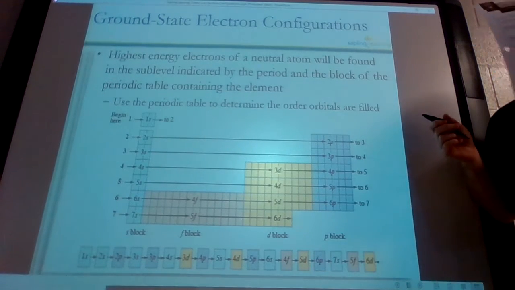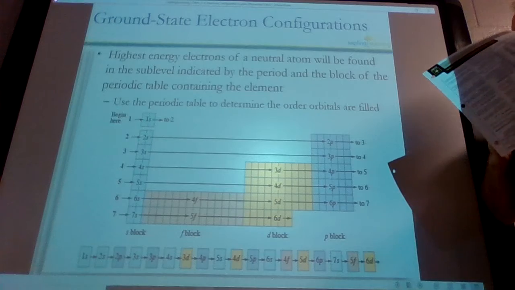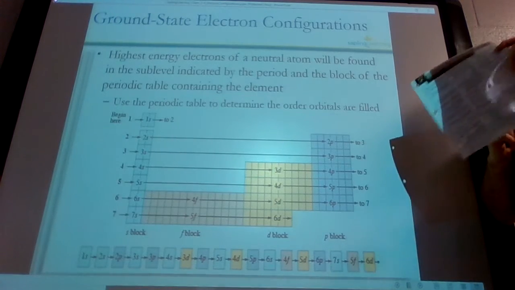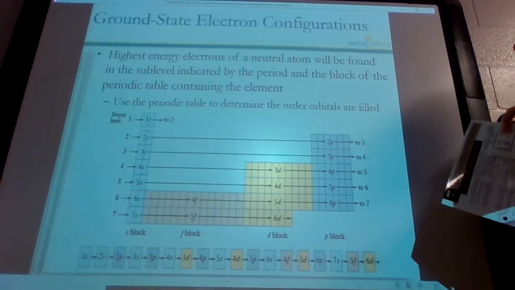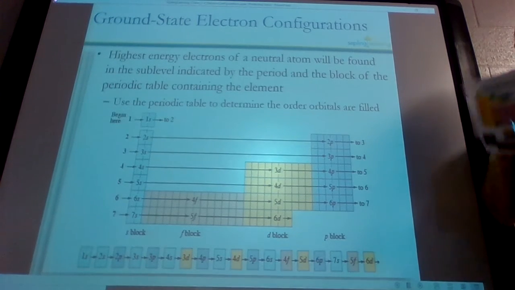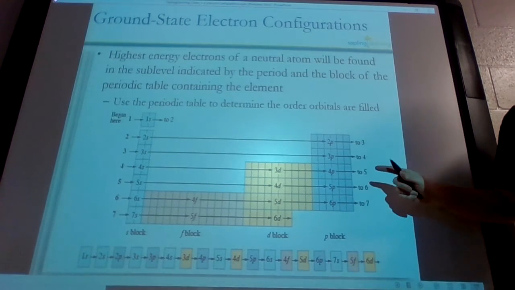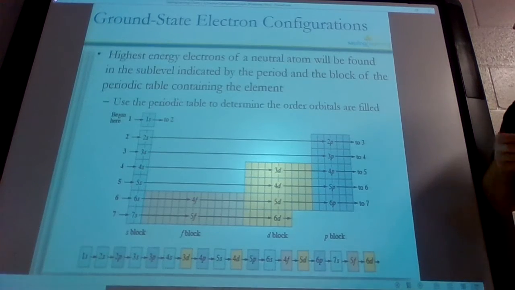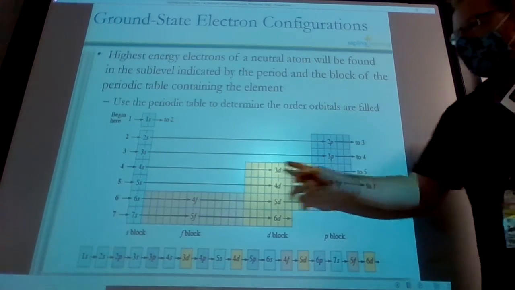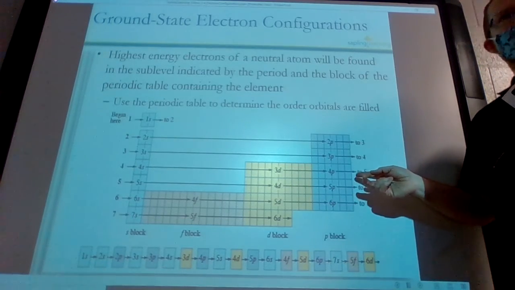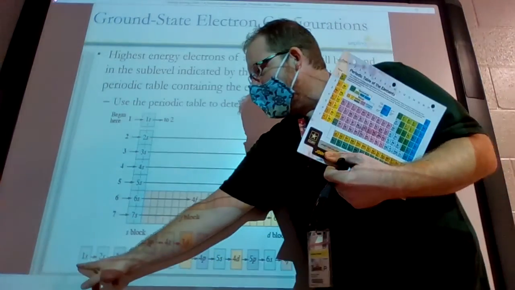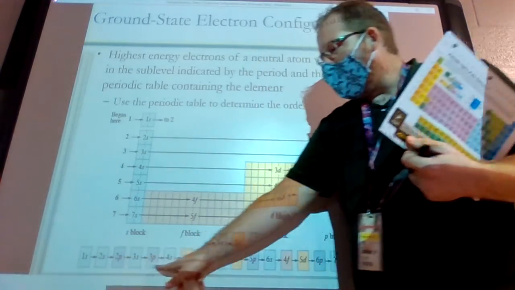This is actually the image that you will get to use on your test. And I'd encourage you, while you're doing this assignment, to pull up the study sheet. The study sheet will have this on here, and it will help you out. Basically, it shows how everything is divided up and how you go through each of the energy levels. And down here at the bottom, it tells you what order they go in.